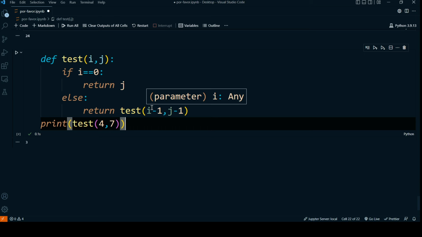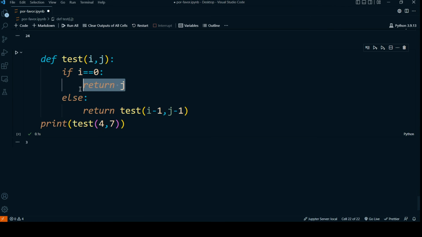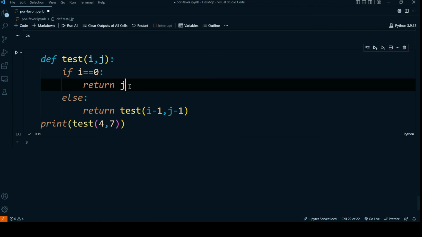So the value of i will be reduced to 3, and the value of j will be reduced to 6, and it will go on until the value of i is equal to 0. So when the value of i is equal to 0, the value of j is obviously going to be 3. So that's why over here it is returning 3, as we are returning j and the value of j is 3 when the value of i is 0. So that's why our code is returning 3.